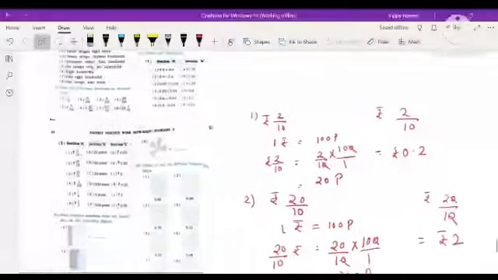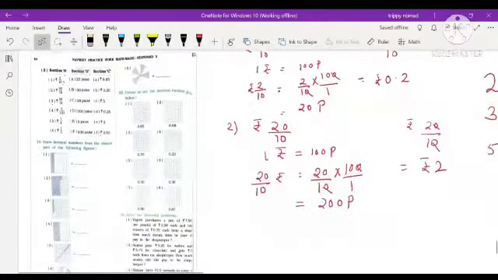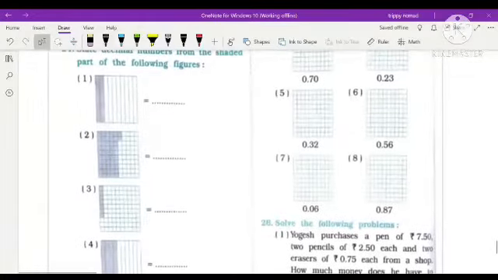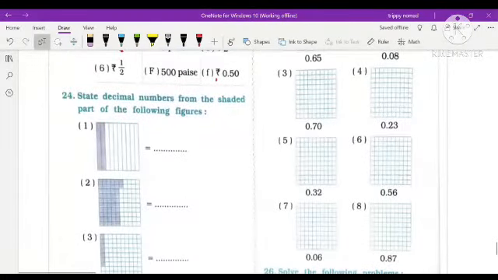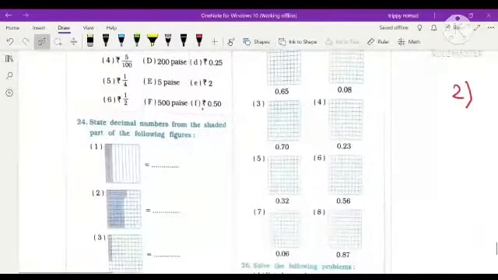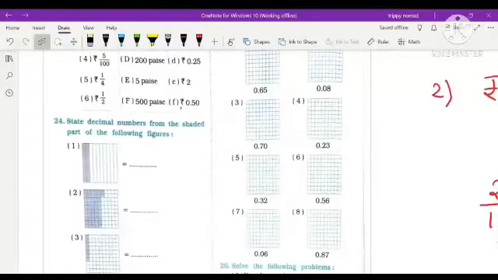Now we are going to start question number 24. State decimal numbers from the shaded part of the following figures. Before writing the decimal figure, we have to count the number of squares or rows given.